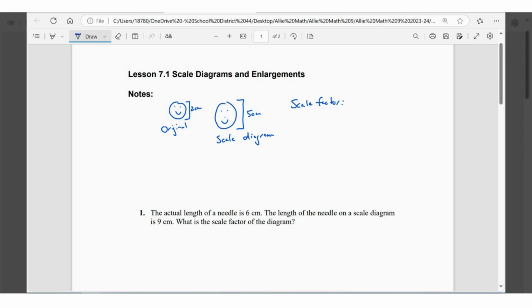That's a ratio between the, let's say, scale diagram and an original.